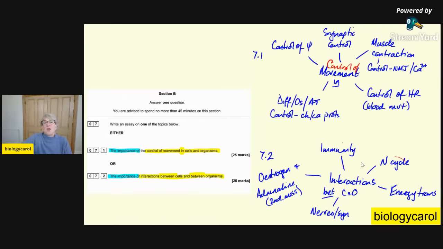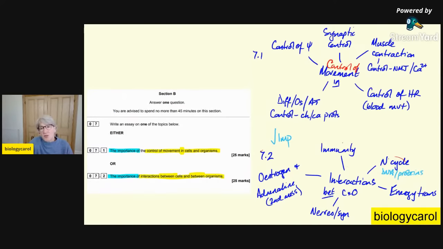why does this example benefit biology, or the organism? Or what would happen if it wasn't there? Good ways to think about it, but then try and link it to another topic. So this is what I've done here. I'm ticking this one because I think I can nail the importance more easily.